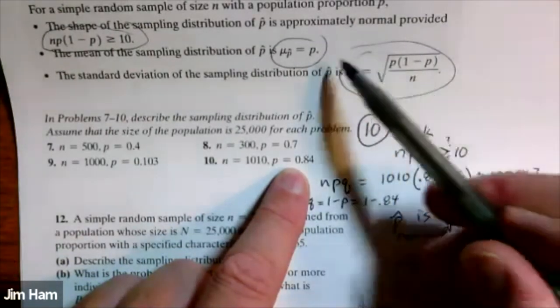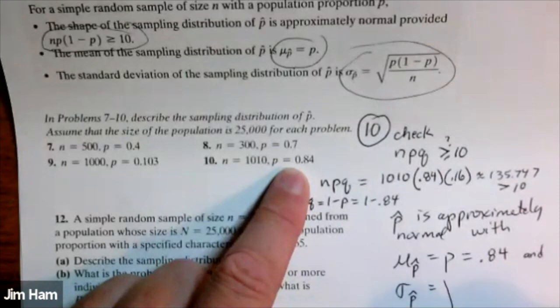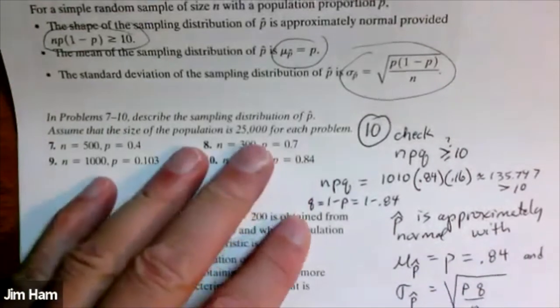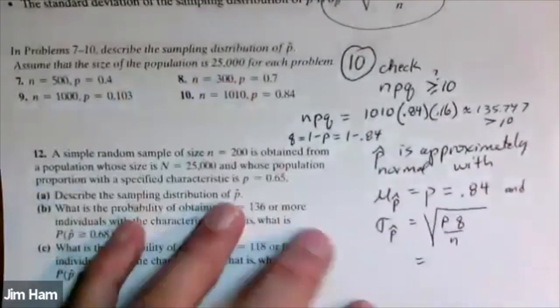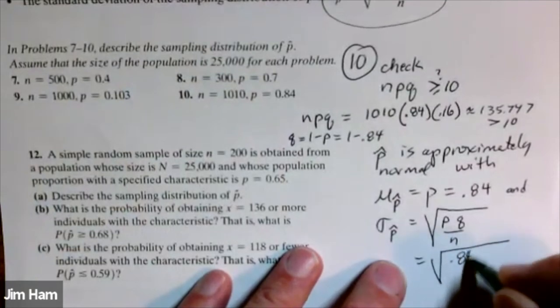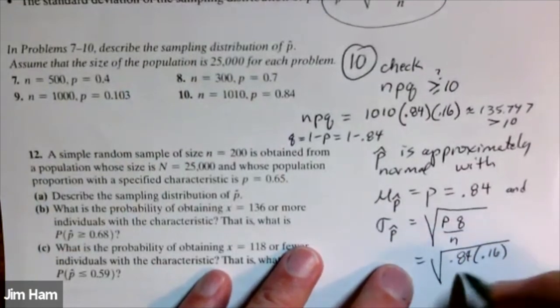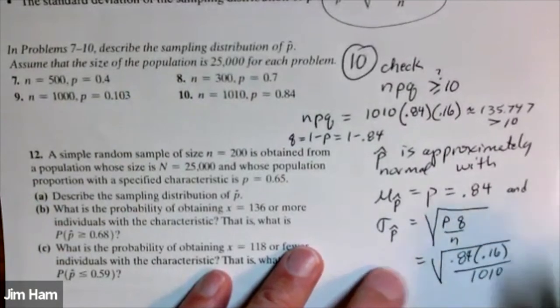So we're going to take the square root of p times q over n. In this case, the square root of 0.84 times 0.16 divided by 1010.